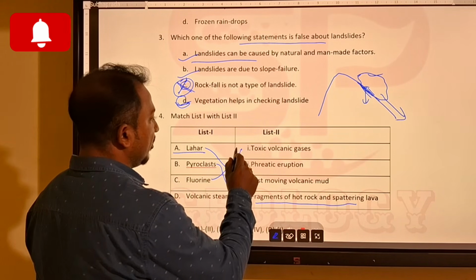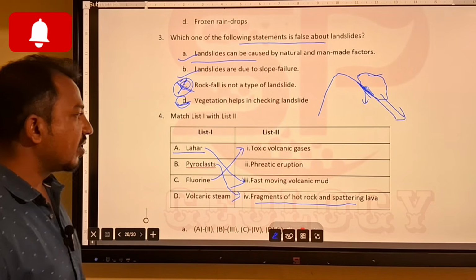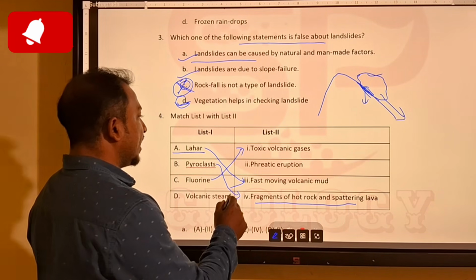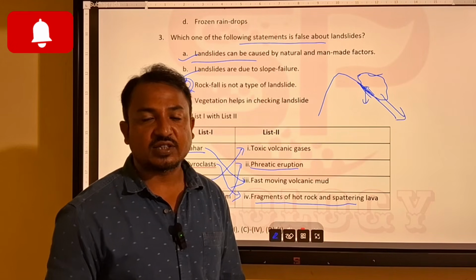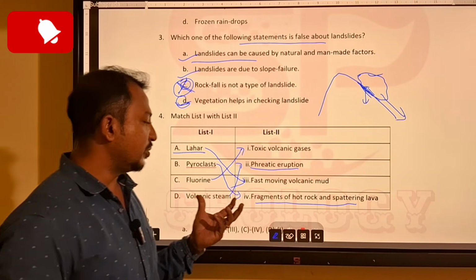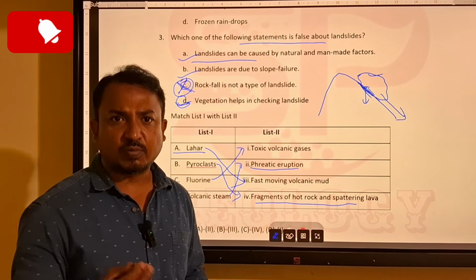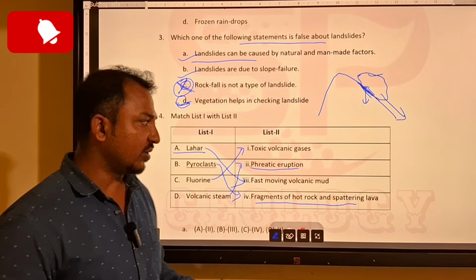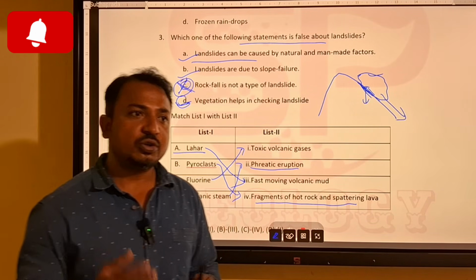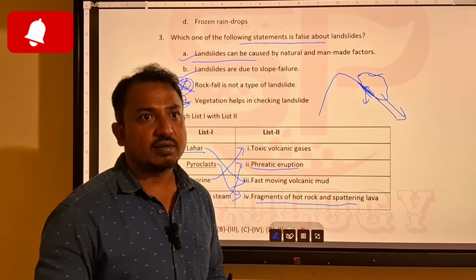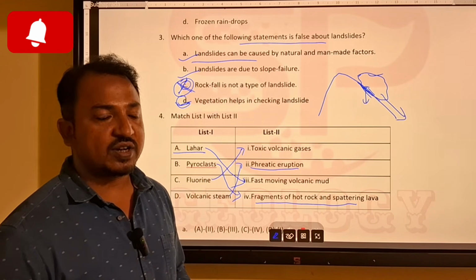Then fluorine is a very toxic volcanic gas. Then volcanic steam is called phreatic eruption. That is any volcanic eruption charged with volatile matter, or water. Or any volcanic eruption that comes in contact with groundwater and then erupts to the surface is called a phreatic eruption.